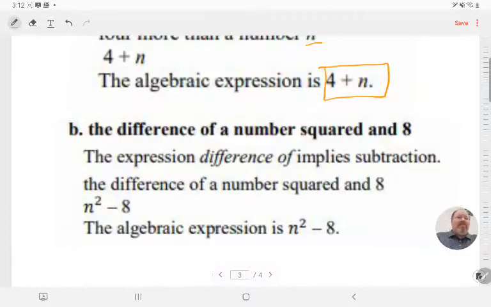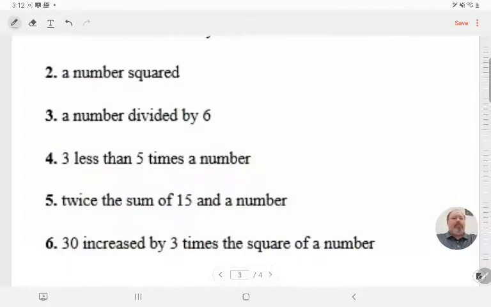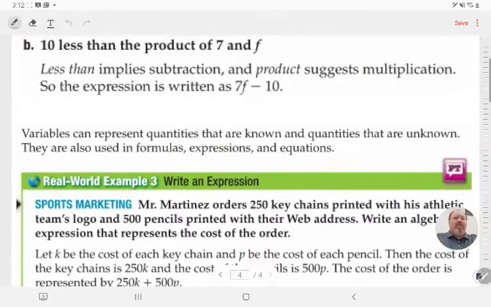B, the difference of a number squared and 8. So difference tells us that we're going to have a subtraction problem. So the difference of a number squared, so that's where I would have n squared and 8. So n squared minus 8 would be my algebraic expression. Okay? All right. Got a couple more examples.